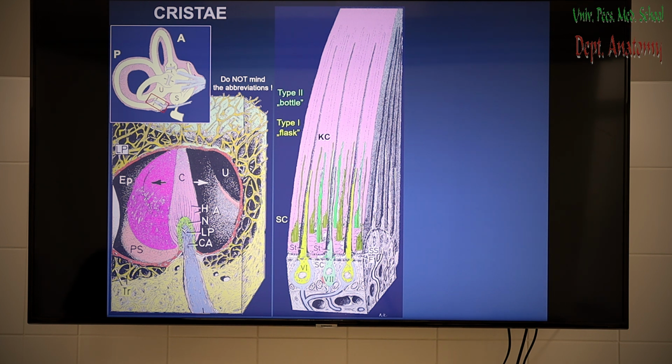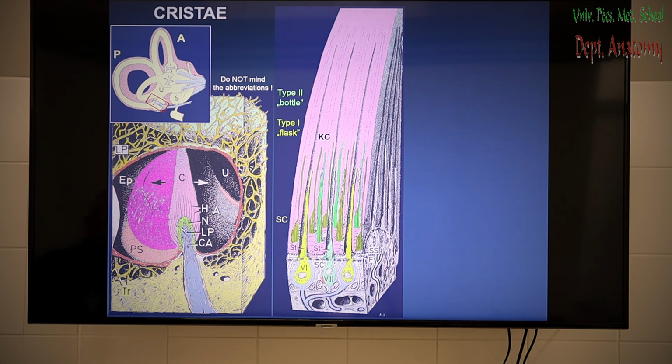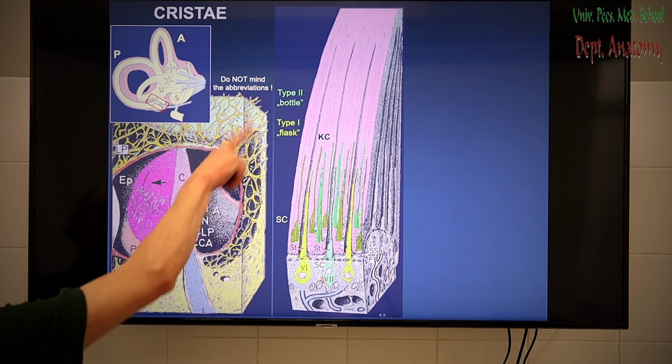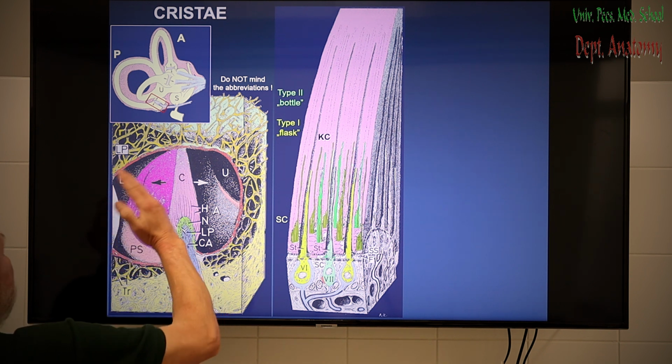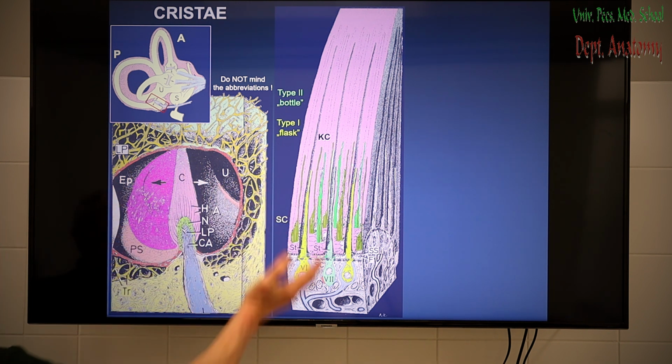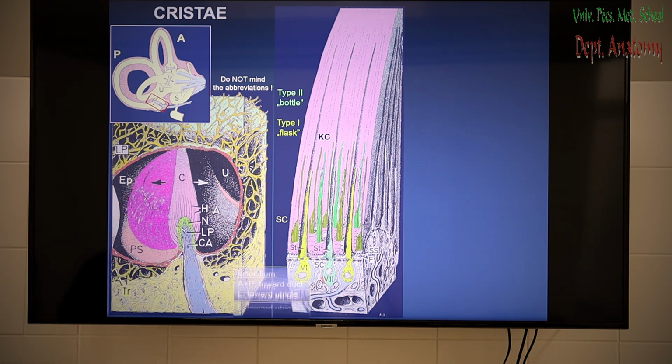And one thing is good to keep in mind: opposite to the elevation of the crest, this cupula, that is the name of this amorphous material, is fixed to the opposite side of the duct itself. So it is not like we thought before, that due to movement of the endolymph within the semicircular duct the cupula is bent freely to one side and the other, like a door, for example, but it is kept in position on the opposite side of the duct.